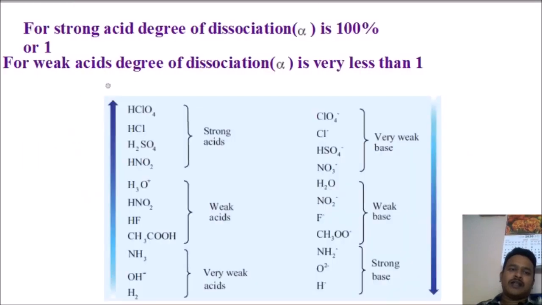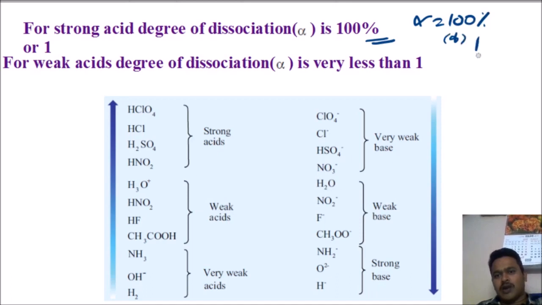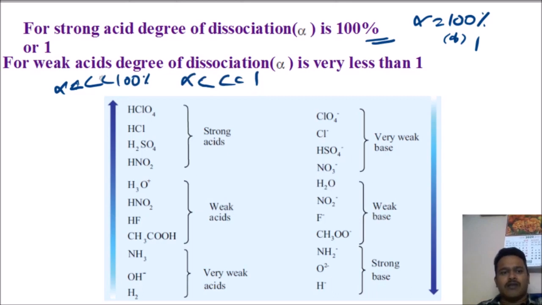Next, for a strong acid the degree of dissociation is already 100%, as explained in the first slide. Alpha value is 100%, otherwise alpha is 1 for a strong acid. For a weak acid, alpha is very much less than 1, and weak is not only for acids, you can say weak electrolyte also.